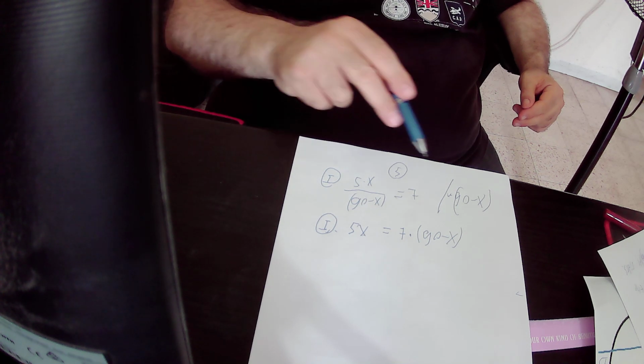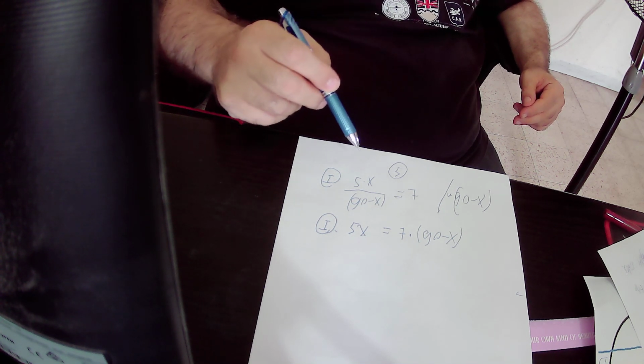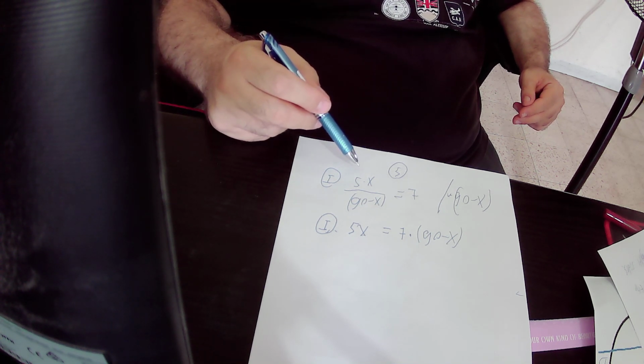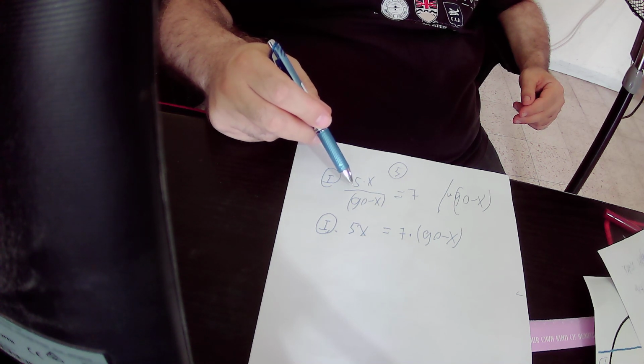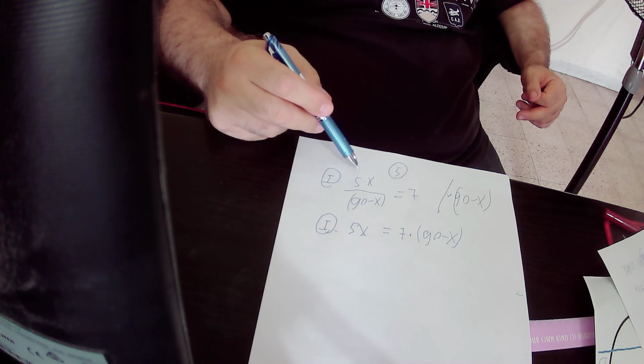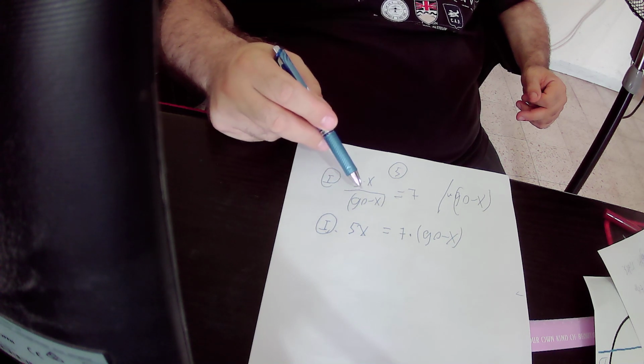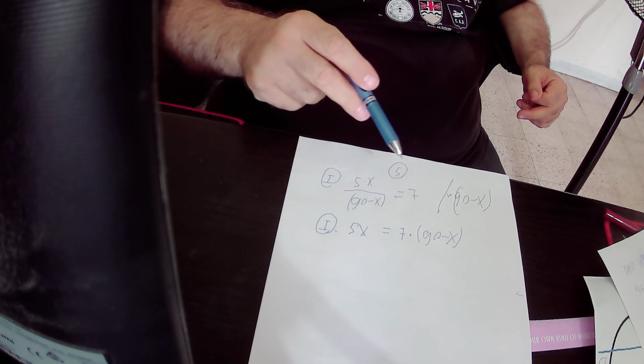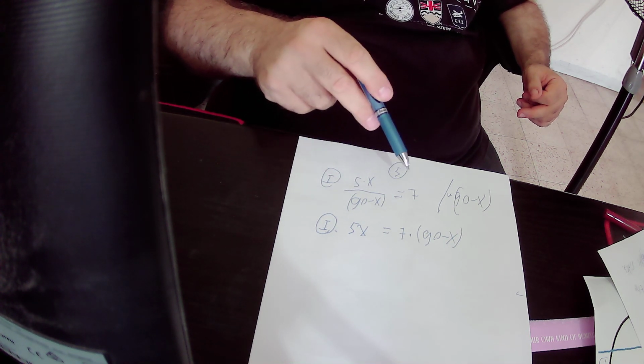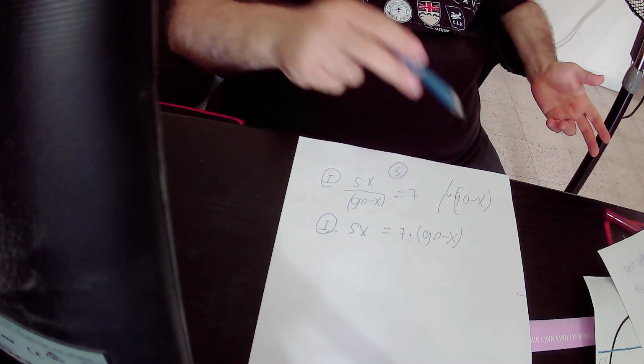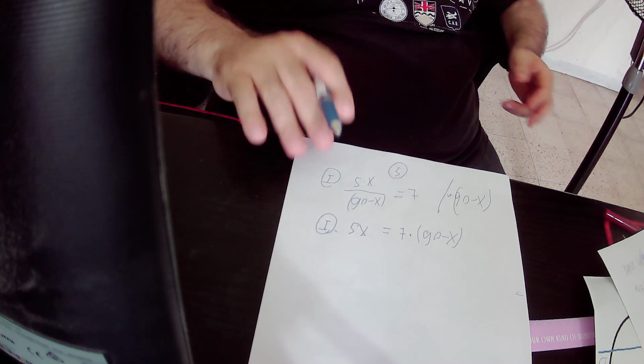We multiply both sides of the equation by 90 minus x, so 5x divided by 90 minus x times 90 minus x equals 5x, and 7 times 90 minus x equals 7 times 90 minus x. Now we will open the brackets.